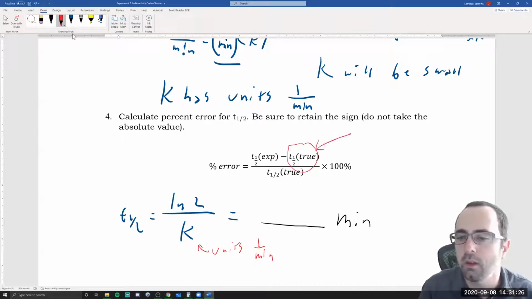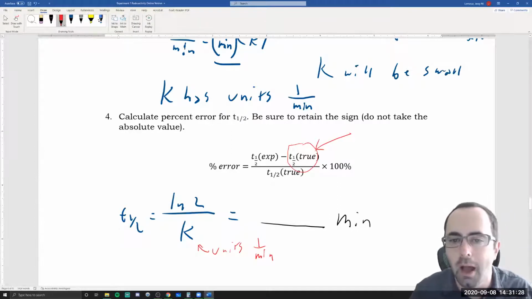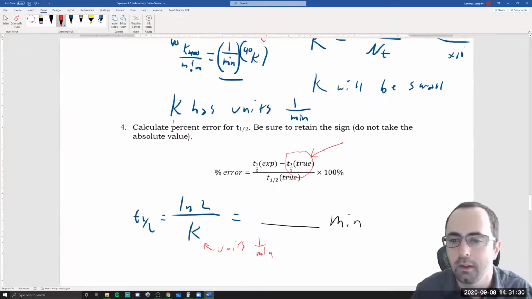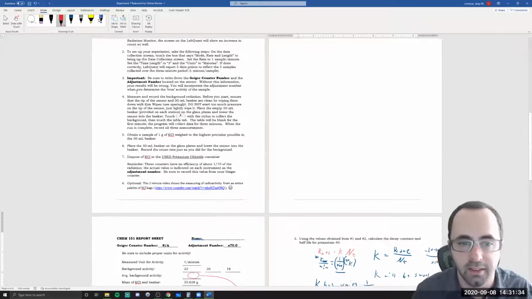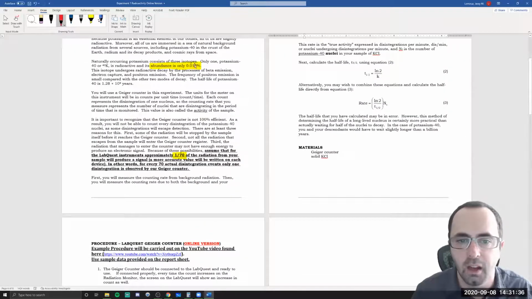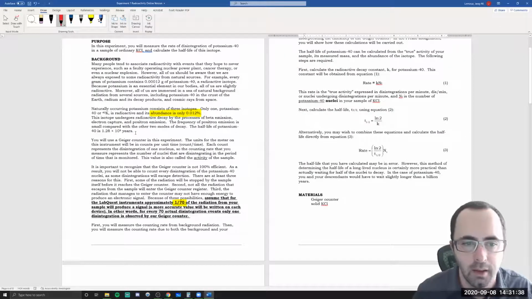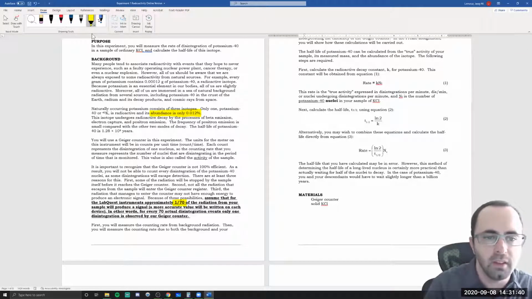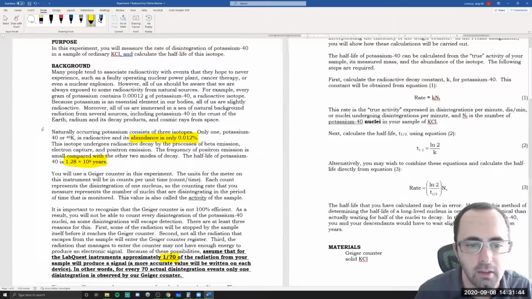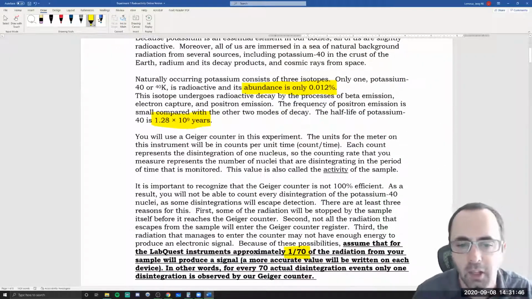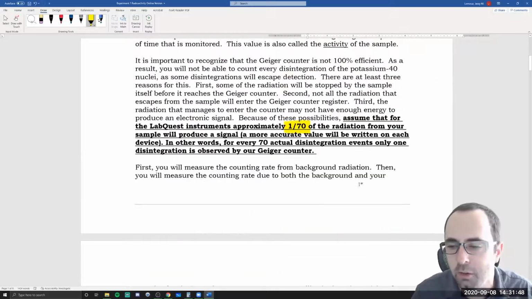The true value was given to us at the beginning. Let's scroll back. It was 1.28 times 10 to the 9th years. Yes, that was it. Just to point out where it is, it was right here. So they gave us the half-life, 1.28 times 10 to the positive 9 years, like 1.28 billion years.